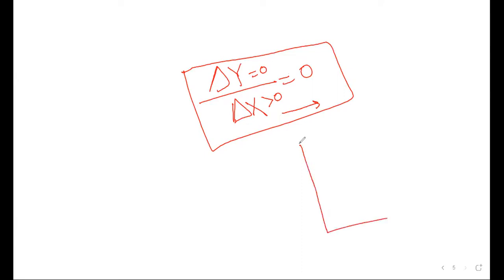So if this is y and this is x, then this is our function. As we move from here to here, what do we see? Does x change?